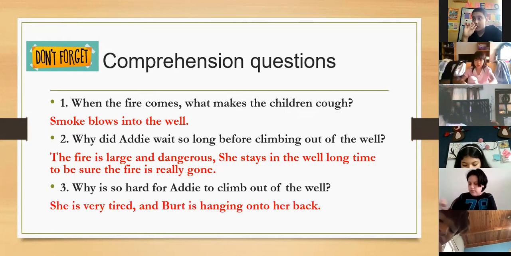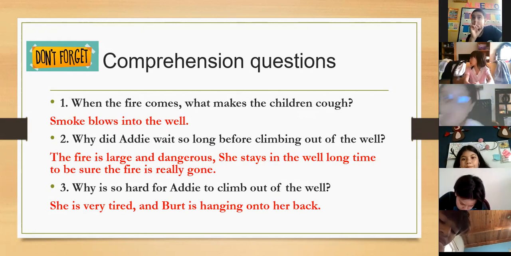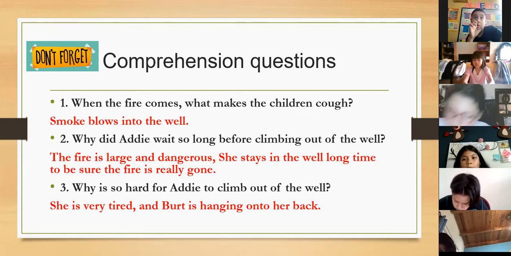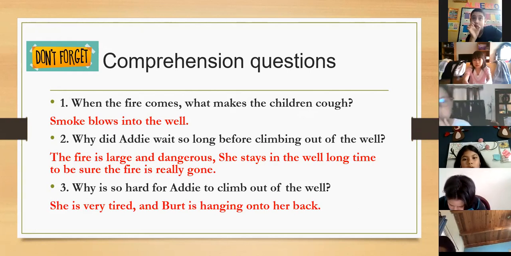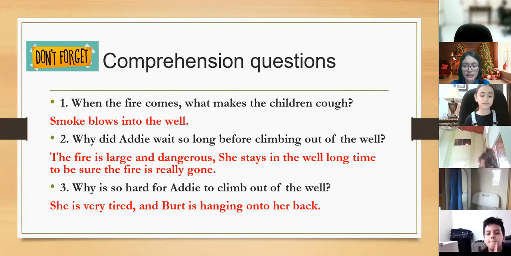It was so hard for Addy because she was tired, and besides being tired, Bart was hanging onto her back. She needs to protect the little brother, Bart.